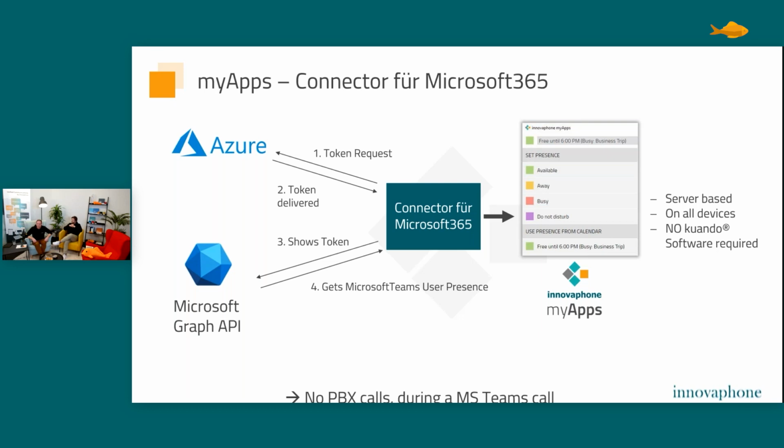The same way also the other way around: when you're on a phone call in myApps, it actually shows you as busy in Teams. Well, that's the entire magic of it, actually.